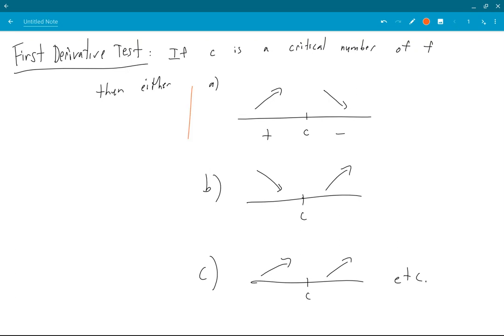Your function is increasing before the critical number and decreasing after. Okay, so your function is doing something like this, increasing, then decreasing. So we have a local max.